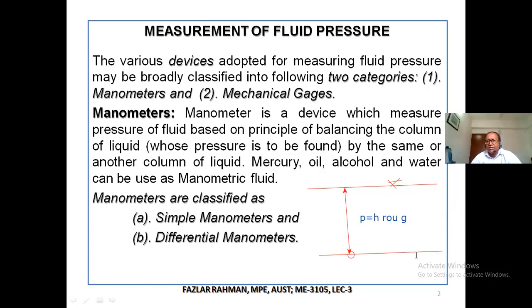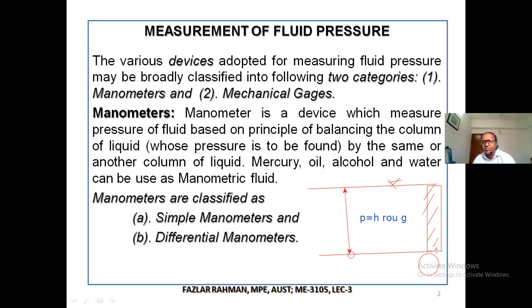Now say you are just in your room, and you take a tube of water with the same height, and it is on your head. Say this is your head. Now, this tube is full of water. Okay, so how much will be the pressure just right over here, on top of your head?